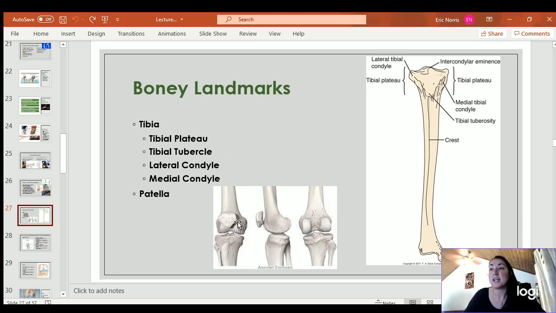And then the patella. Of course, the patella is a shield-shaped, triangular bone that's kind of floating in front of the distal femur, and it's attached only by the ligaments and tendons. So patellar tendons, and then the bottom portion of rectus femoris, that attachment site.